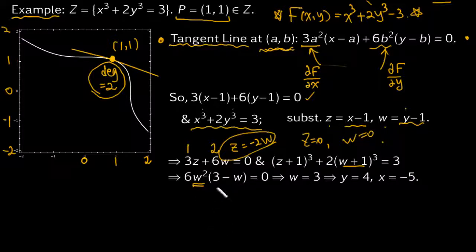And the remaining point, the other point that is supposed to intersect here, corresponds to the value w equals 3, as I wrote here. So if you go back to the substitution rule and use this linear equation to solve for the other variable, in this case x, it turns out y equals 4 and x equals negative 5. So if you go back over here, you can verify that if you plug negative 5, 4 in here, it is also a rational solution to that point.